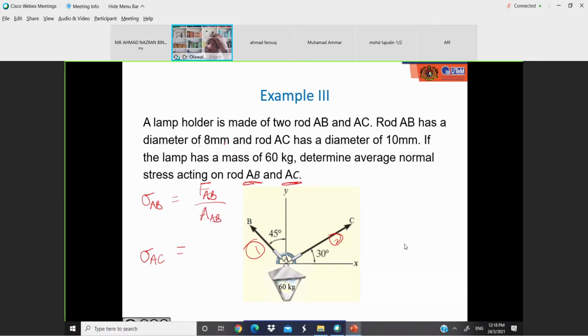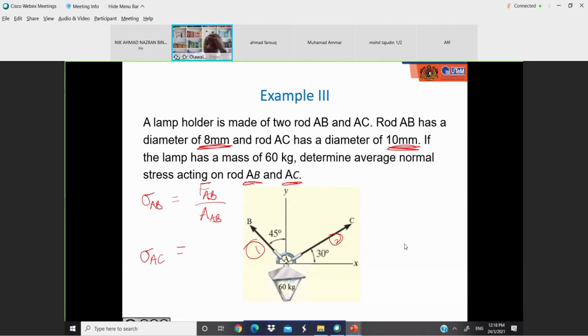Because the diameter of AB is different from diameter of AC, the area of AB and AC are not the same. This is 8 mm, and this is 10 mm.